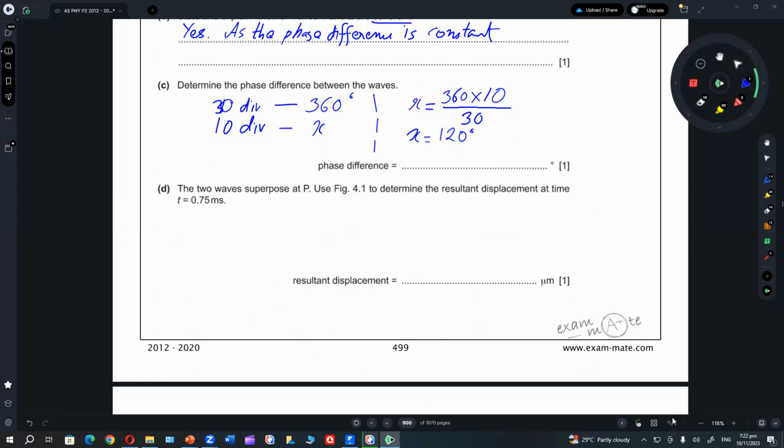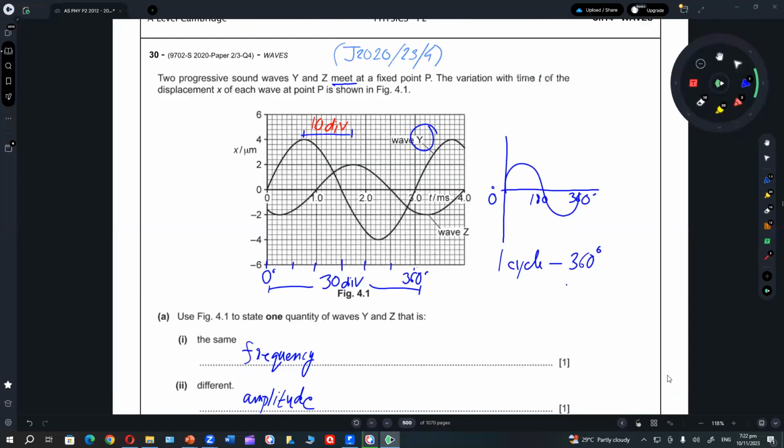Now read this question, read this part. 0.75 millisecond. 0.75 millisecond.